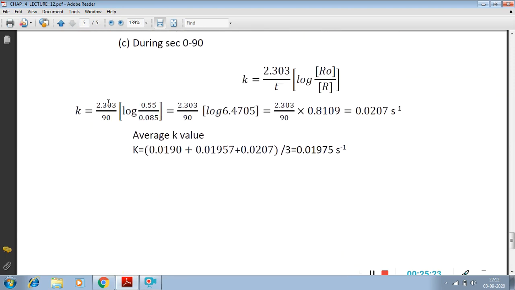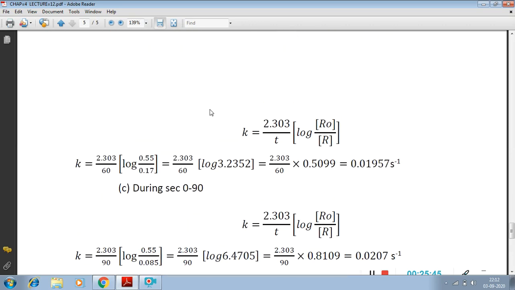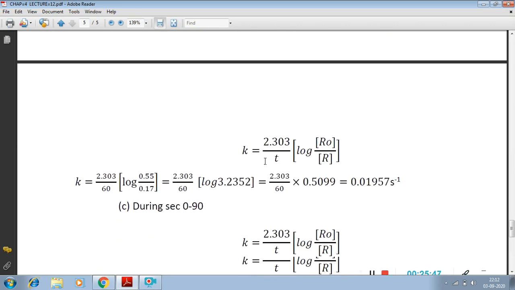K is equal to 2.303 divided by 90 into log R0, that is 0.55, divided by R, that is 0.085. If you solve this whole equation you will get 0.0207 second inverse.